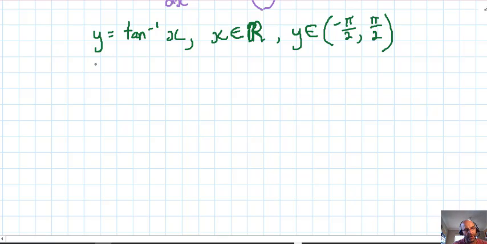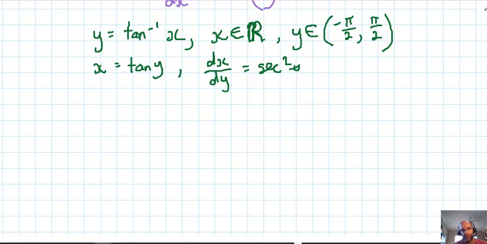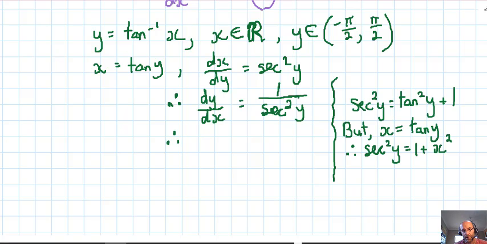Now we rewrite this as x equals tan y, and whether it's from your formula sheet or from using the quotient rule, you know that dx/dy is sec squared y. So dy/dx is 1 over sec squared y.